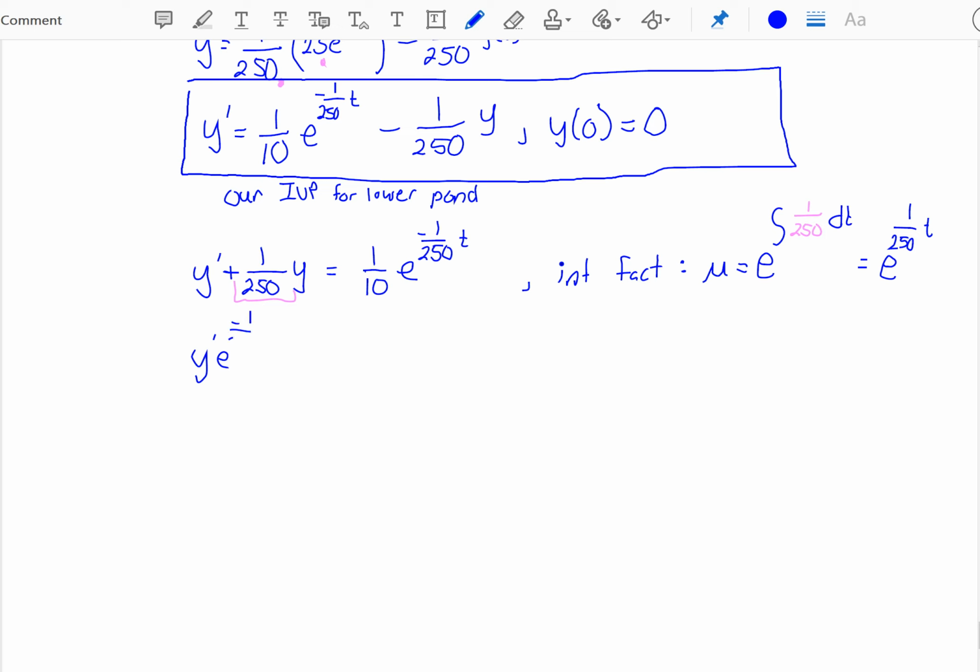So, 1/250th t, everything on the left and everything on the right. And I notice I just made a sign error. Our integrating factor is positive 1/250th, but I wrote negative on my exponents. I've got to fix that.